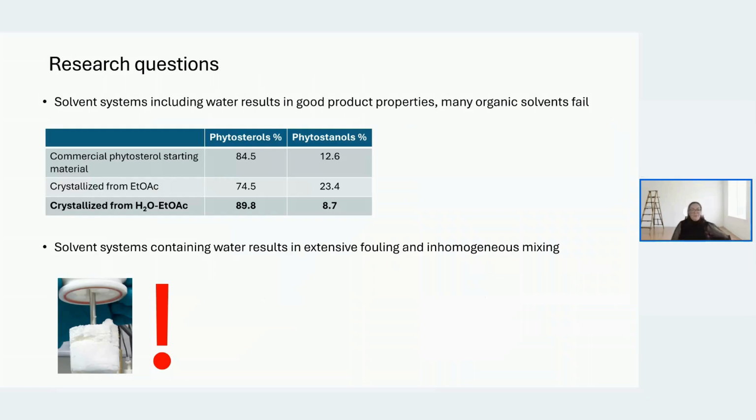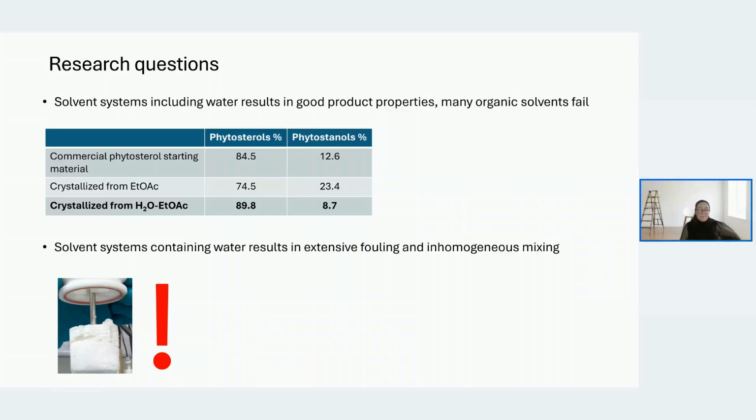Then some words about the research questions. When we started to work with the phytosterol material in the laboratory, we quite easily observed that many organic solvents that we use in the cooling crystallization fail to meet the targeted specifications for the product.